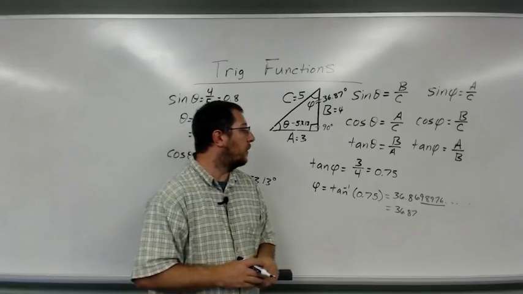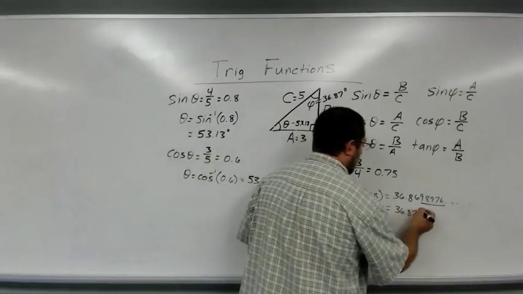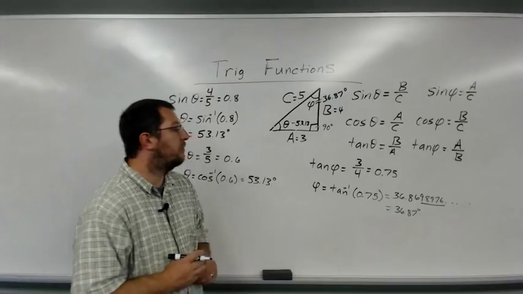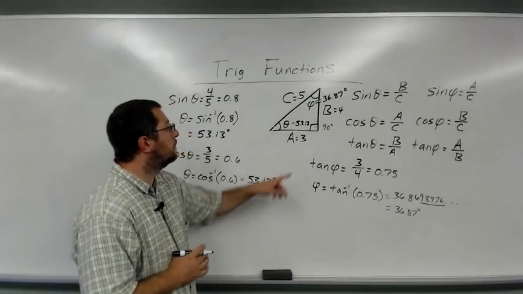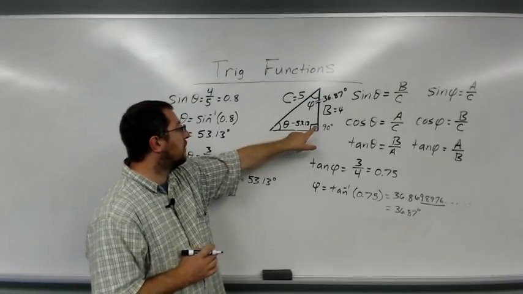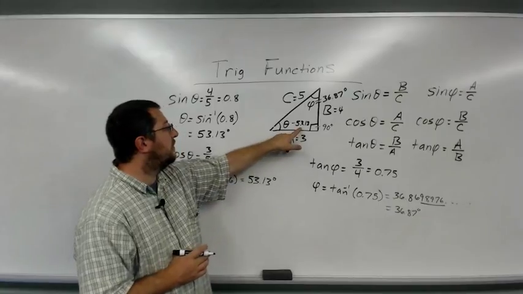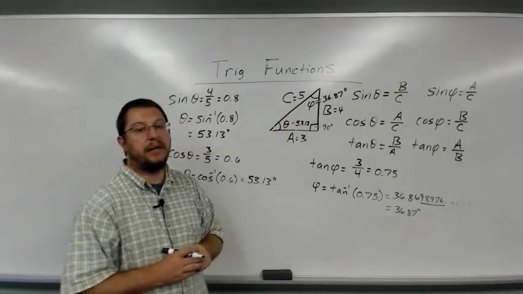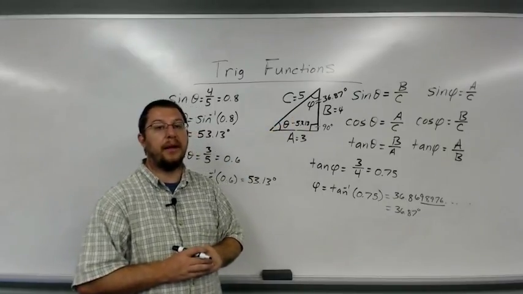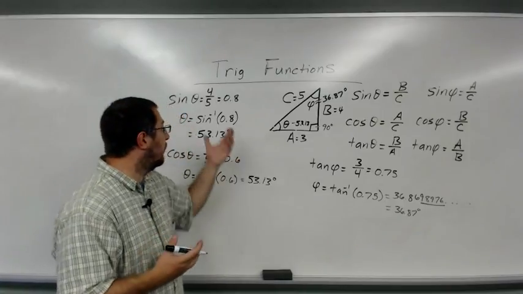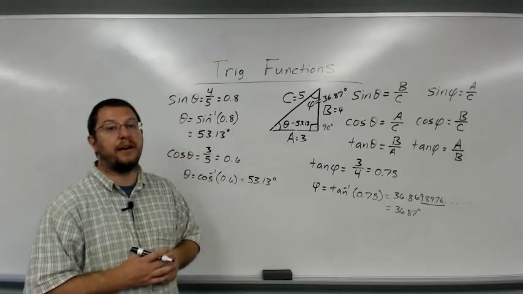So the values for the angles of the 3, 4, 5 right triangle are 90 degrees, 53.13, and 36.87 degrees. Okay, so that's how we can use the trigonometric functions to find angles.